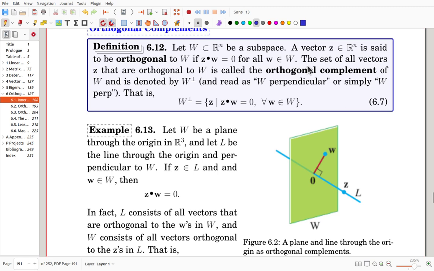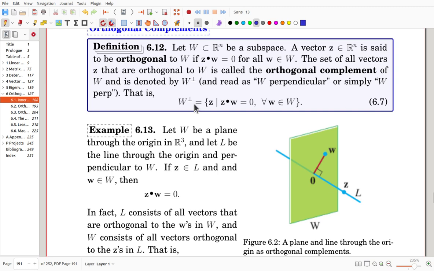Now we consider the set of all vectors that are orthogonal to W, and we call it the orthogonal complement of W. We use the notation W perp, or W perpendicular.